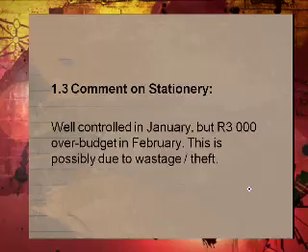Your stationery was well controlled in January. Why? You budgeted 4,000 and you spent 4,000. No problem. When it came to February, you budgeted 4,000, but you spent 7,000 rand. Surely this is the problem. That means you went over the budget in February.